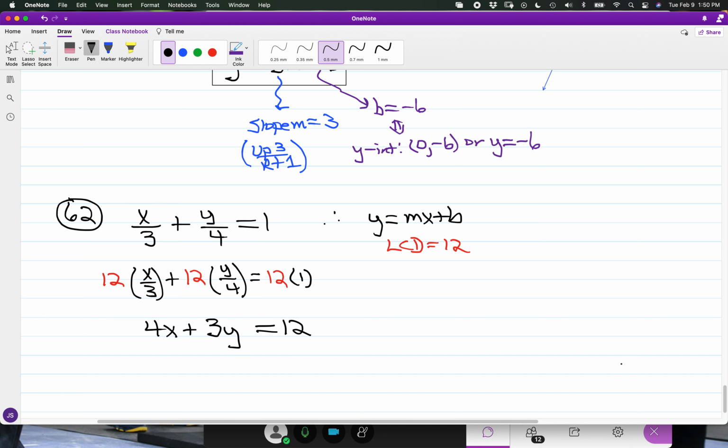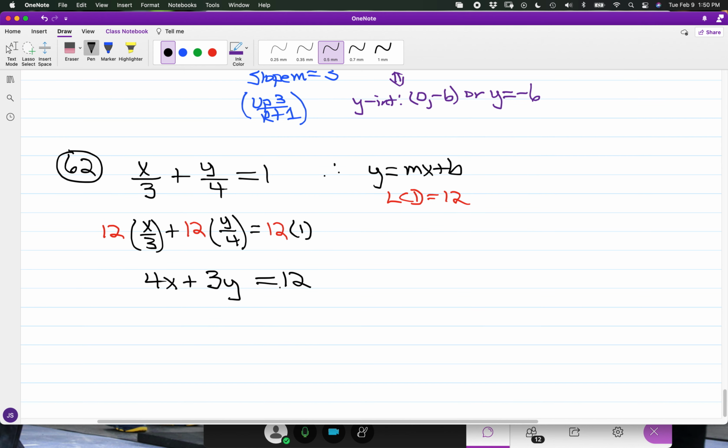And we have 4x plus 3y equal to 12. If I isolate the y term, taking 4x away, you have 3y is equal to negative 4x plus 12.